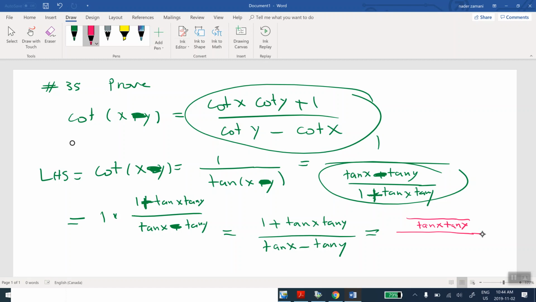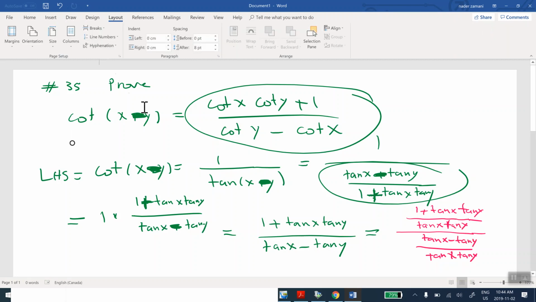So that 1 plus tan x tan y over tan x tan y, and the denominator is tan x tan y, and up here you have tan x minus tan y.